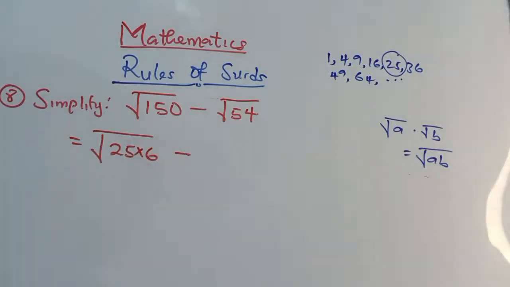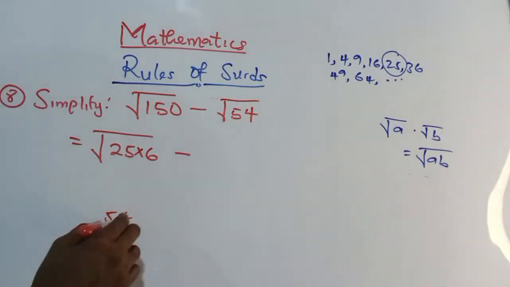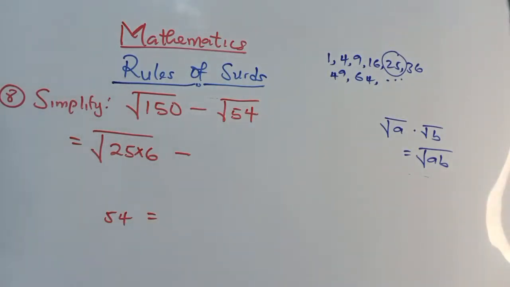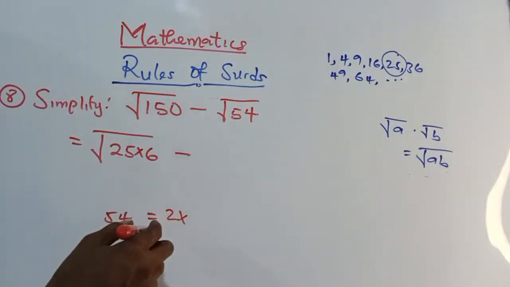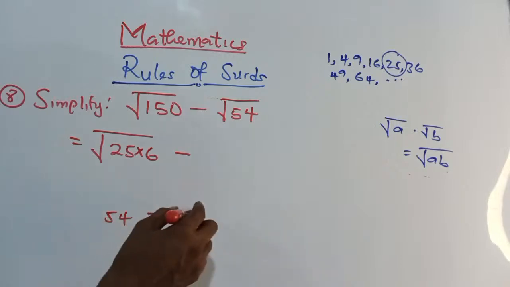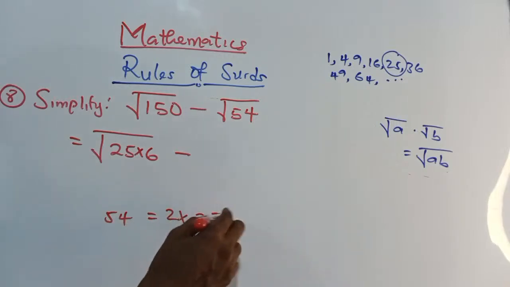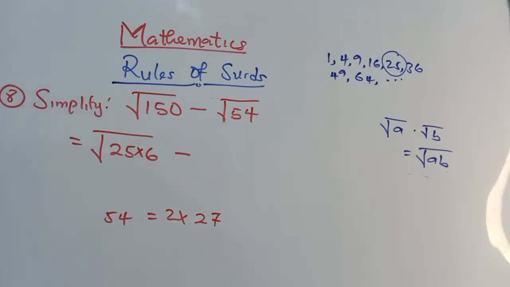Okay, now let's look for factors of 54. You can use 2. 2 times what will give us 54? 2 times 27. None of these is a perfect square number, so we can't use it.